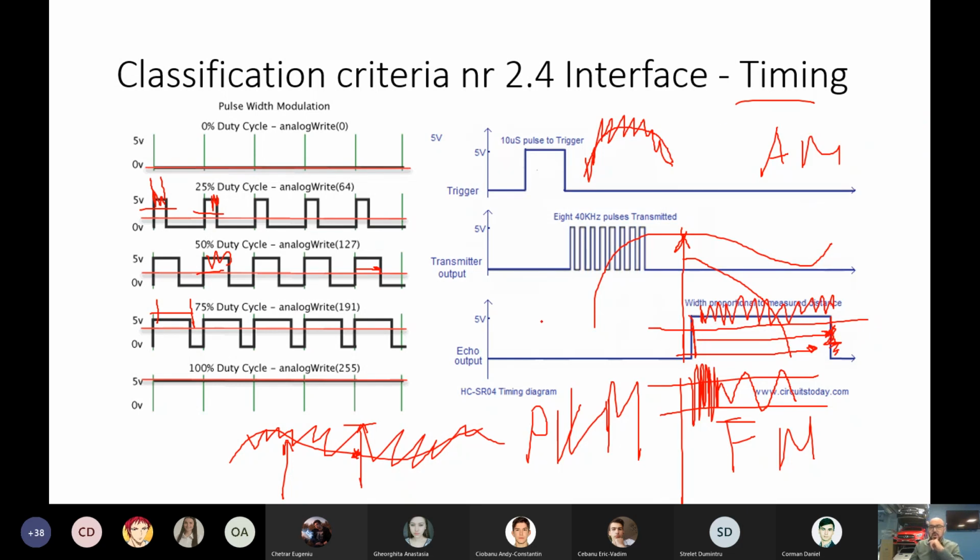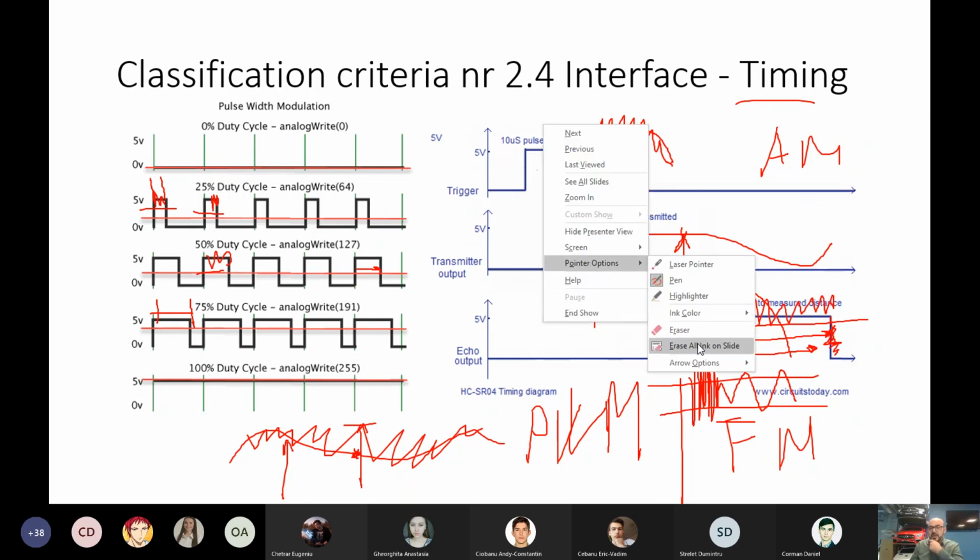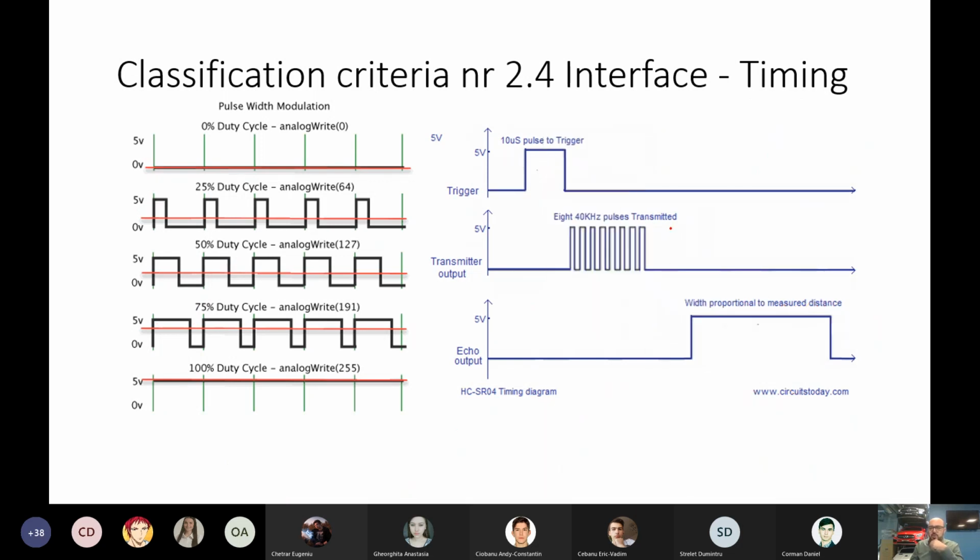In this particular case, we are gathering information from an ultrasonic sensor. We send the ultrasonic signal from the transmitter, and it goes to a wall and comes back.